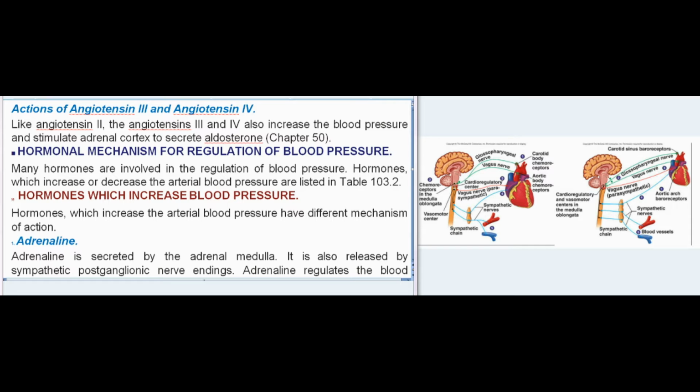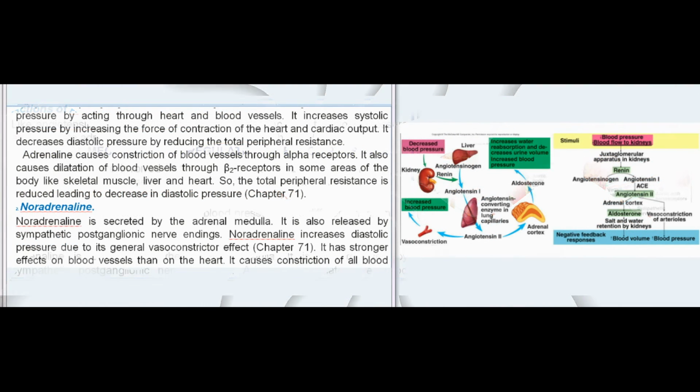Adrenaline. Adrenaline is secreted by the adrenal medulla. It is also released by sympathetic postganglionic nerve endings. Adrenaline regulates the blood pressure by acting through heart and blood vessels. It increases systolic pressure by increasing the force of contraction of the heart and cardiac output. It decreases diastolic pressure by reducing the total peripheral resistance.